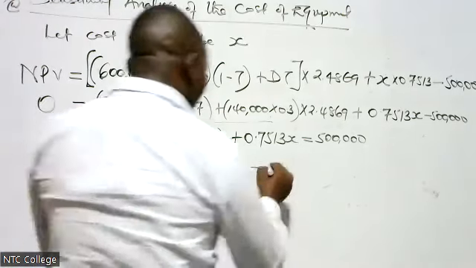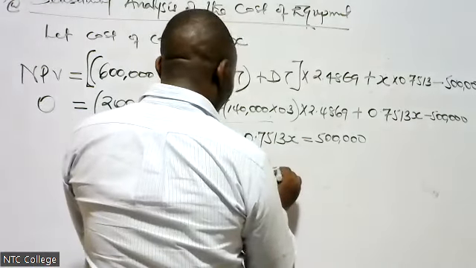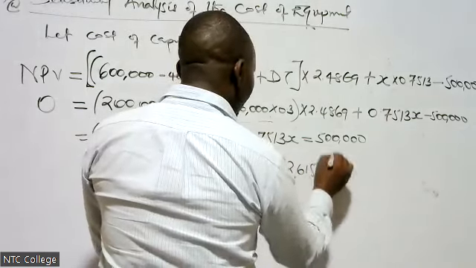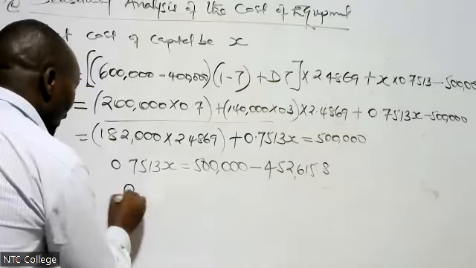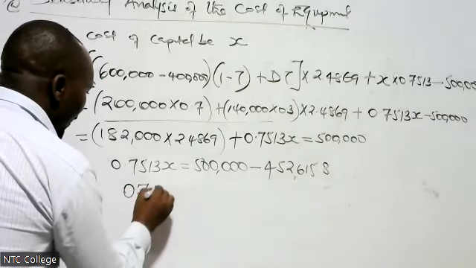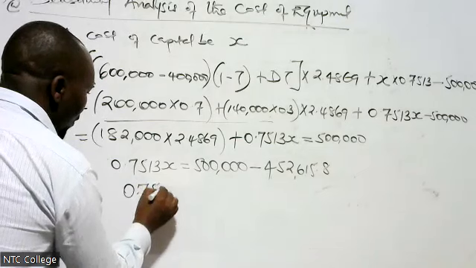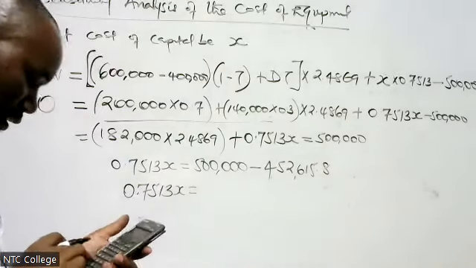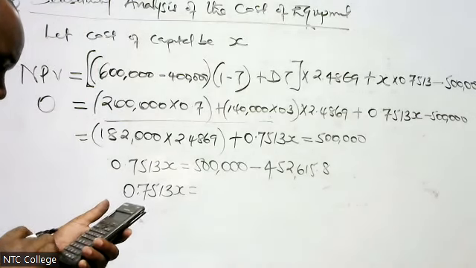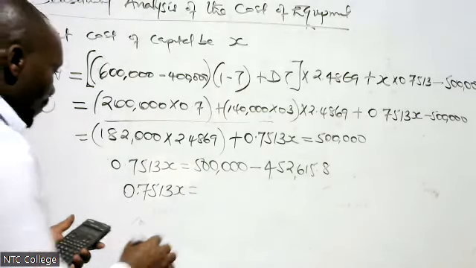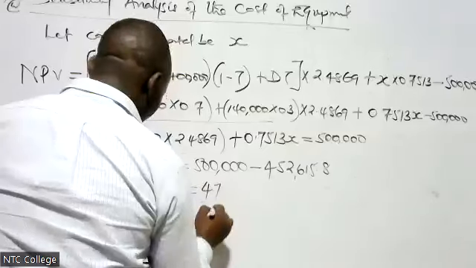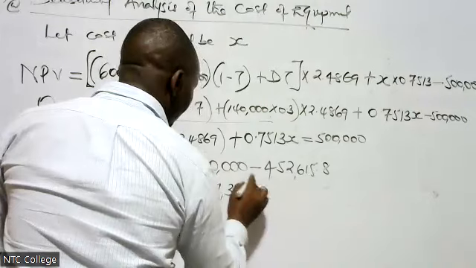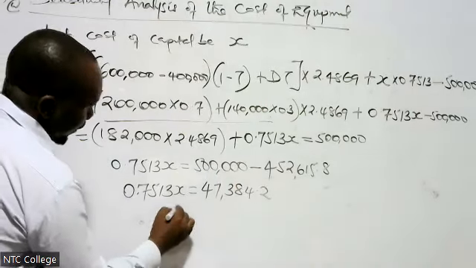So we are having 452,615.8. I can't allow you to delay me here. I'll do it and then we move on. So minus 47,384.2. So that we have X.